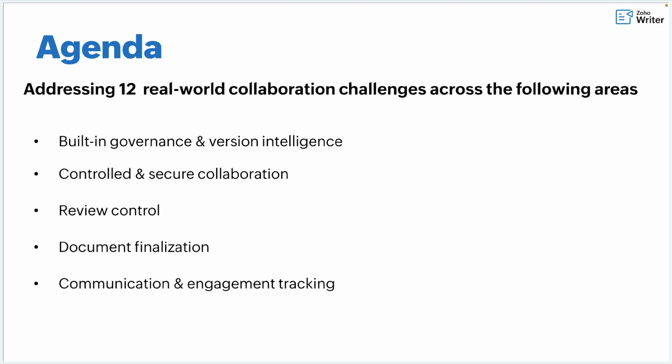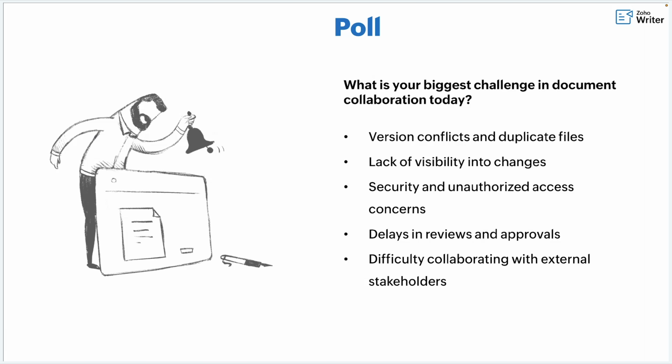From there, we'll move into controlled and secure collaboration, which is especially important when sharing sensitive documents outside the organization. We'll also cover review control and document finalization, showing how businesses can confidently move documents towards completion without losing control. And finally, we'll talk about communication and engagement tracking, which ensures collaboration stays structured, traceable, and efficient. Let's begin with governance and version intelligence.